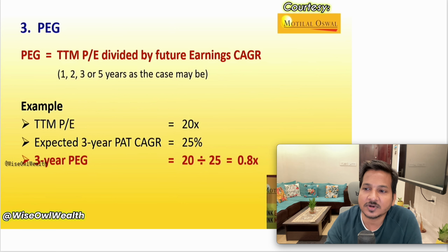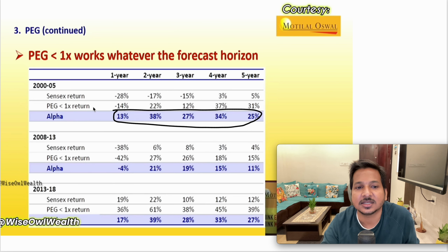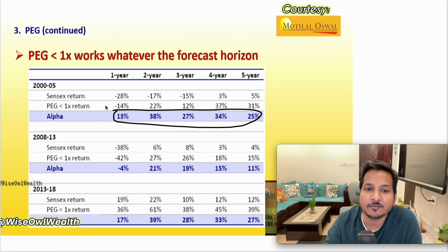So PEG ratio, once you get, the next slide will show you that PEG ratio of less than 1 is working in all cases, 1 year, 2 year, 3 year, 4 year, 5 year, any period if you take, the alpha, meaning the higher return, you will get always in any case. Sensex returns were negative, whereas PEG less than 1 was negative only, but it was lesser, in the 2000 to 2005 period.